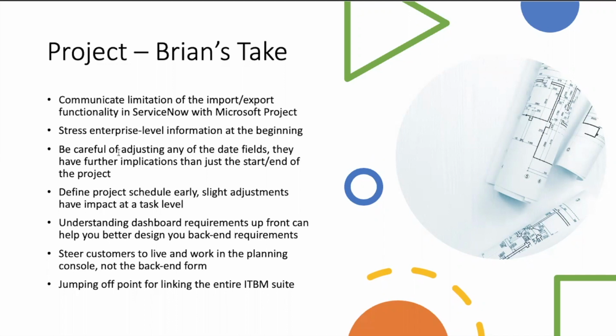So if you do that, make sure that you go into each task or each record that's related to it and ensure that that plan start date's not keying anything in those areas. Again, define the project schedule early. There's different types of schedules that you can create, and ServiceNow has some out-of-the-box ones. Typically use weekdays from 8 to 5, excluding holidays.